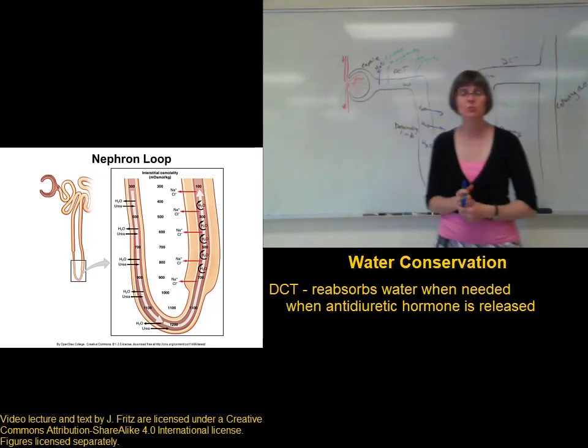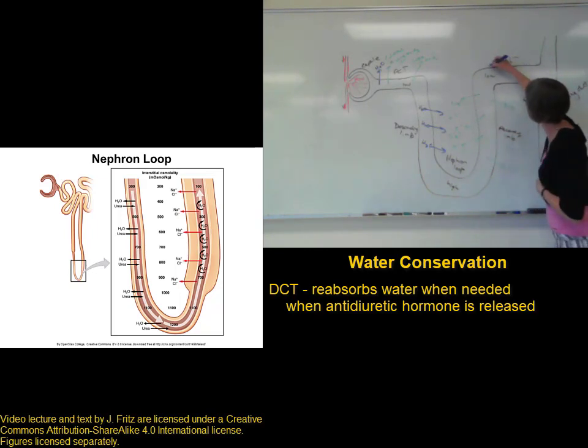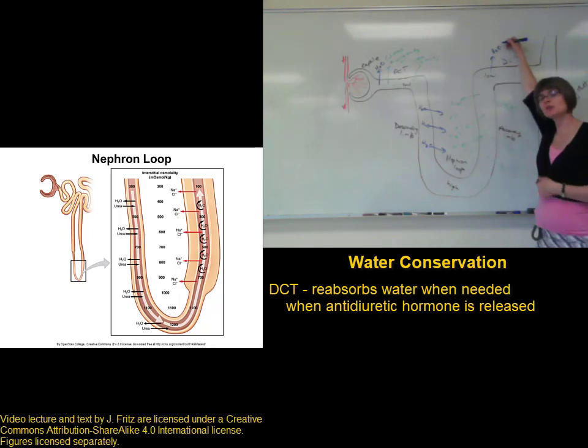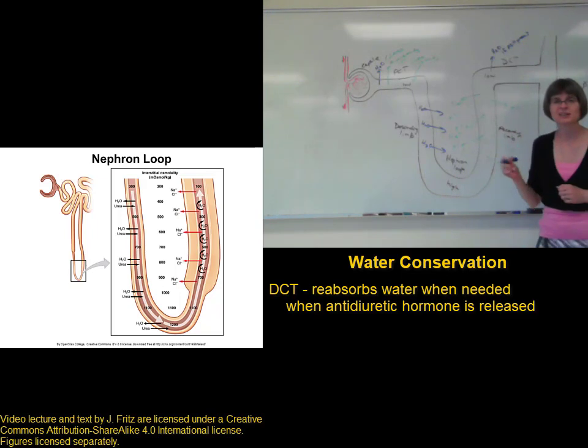We can reabsorb water from the distal convoluted tubule if antidiuretic hormone is present. If there's no antidiuretic hormone present, then water is not going to be reabsorbed from the distal convoluted tubule.